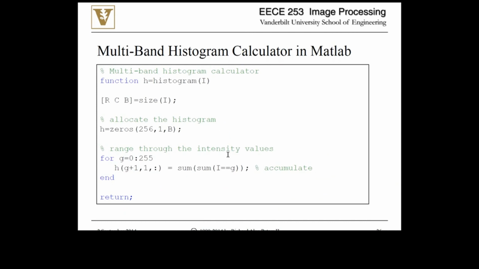So this is a little bit of MATLAB code to show how to compute histograms, and some interesting ideas here. You can measure the size of an image this way, and then you can define, for instance, the 3 histograms for the color images, and then what you are doing here is counting.